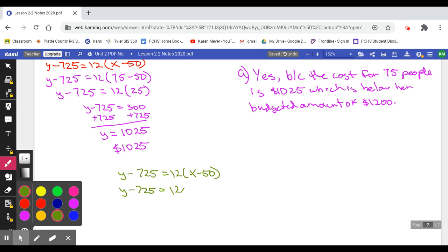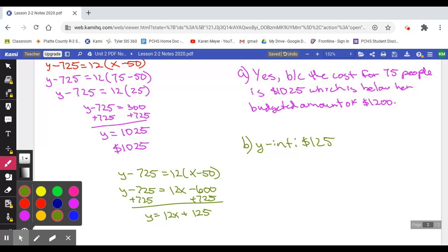That gives me 12x minus 600. And then we're going to add 725 to both sides. So y equals 12x plus 125. So now we know the y-intercept is $125. And what does that mean?